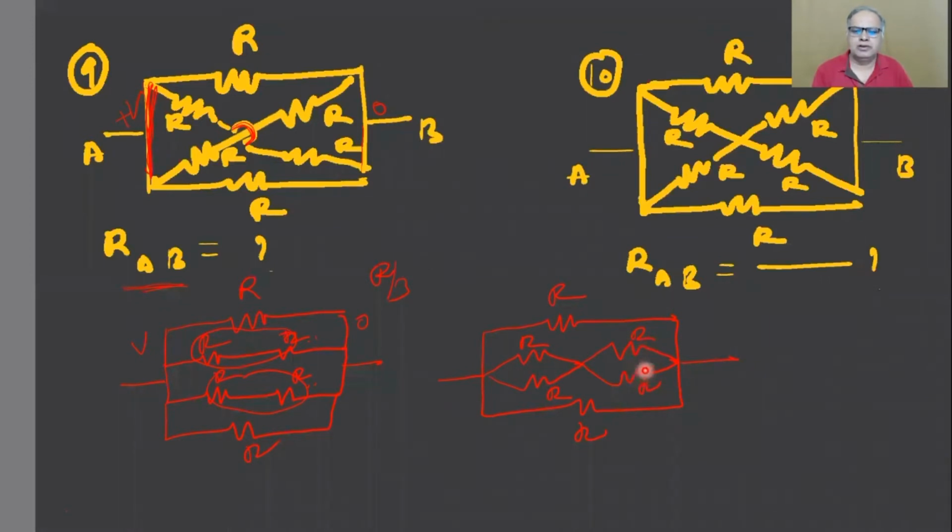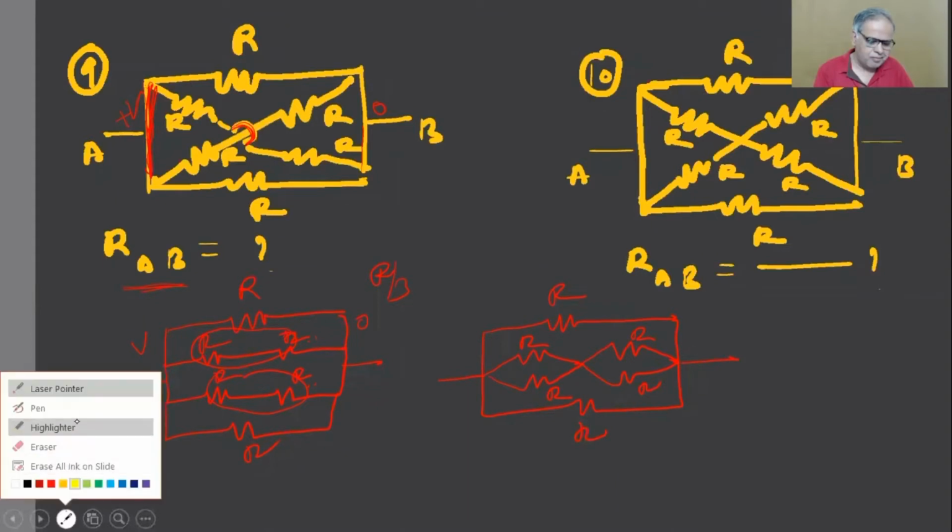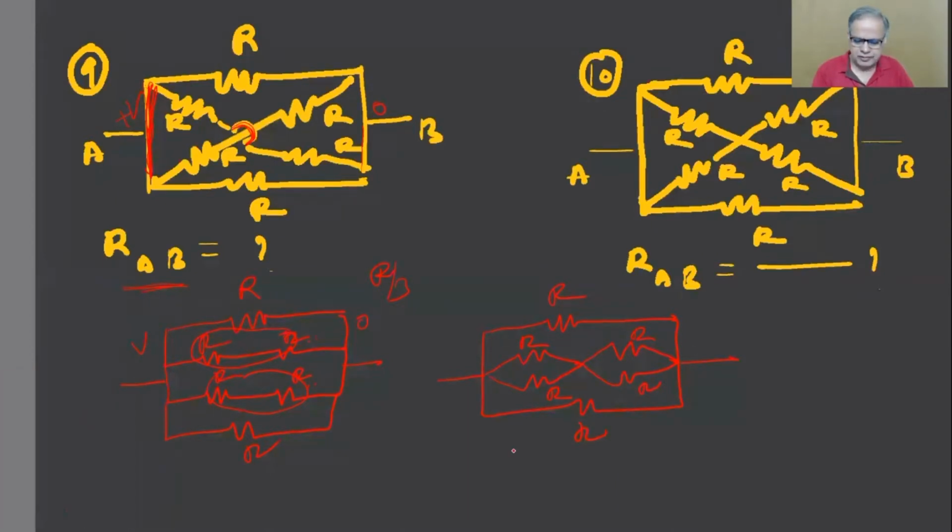What do you say? These two are in series. So R by 2, R by 2, R. This R, this total R, and this R are in parallel. So finally, how much is that? R by 3. R by 3 again.